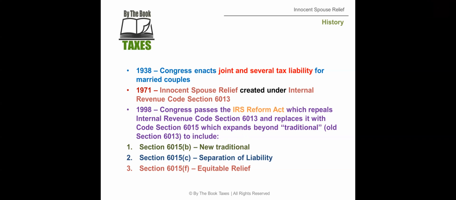Section 6015B, which is the same as innocent spouse relief created in 1971, plus two new ones. Section 6015C, separation of liability, which we're talking about today, and Section 6015F, equitable relief, which I'll speak about next week.